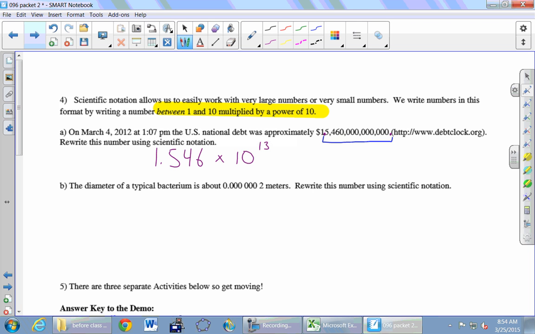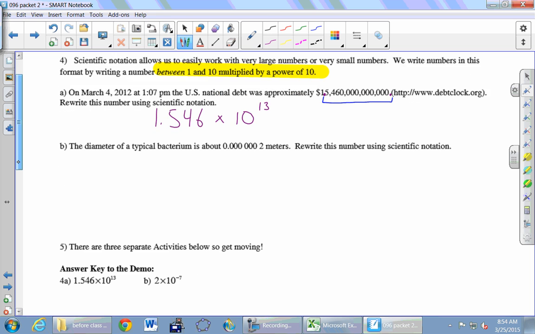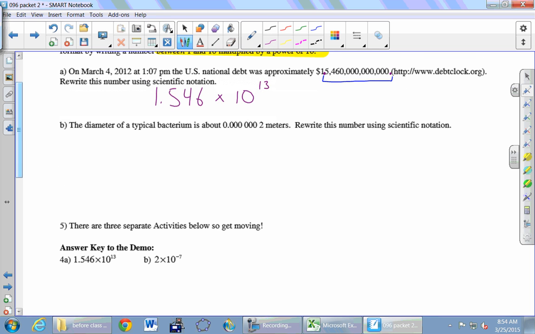It's difficult to understand what that number is, but in scientific notation, hopefully it'll be easier to at least look at. Okay, the decimal point is currently right there. We need to make a number that's between 1 and 10. Where do you have to move that decimal point to make a number between 1 and 10? It's just right after the 2. It's the only choice that we have. So we have to put the decimal point way over there.